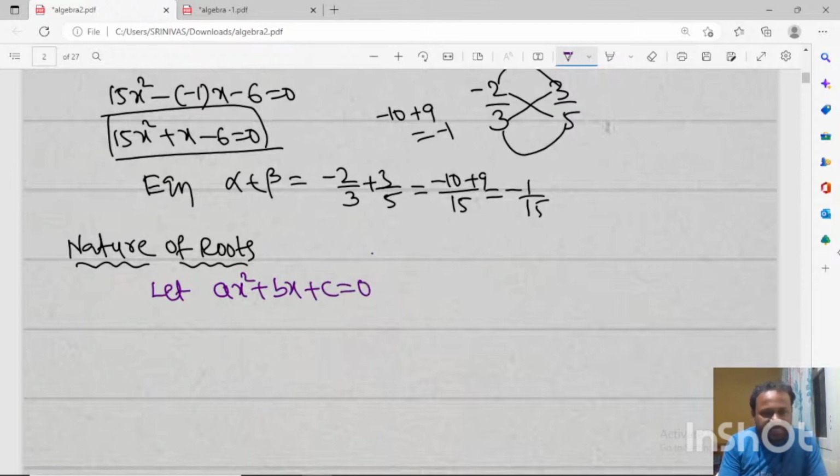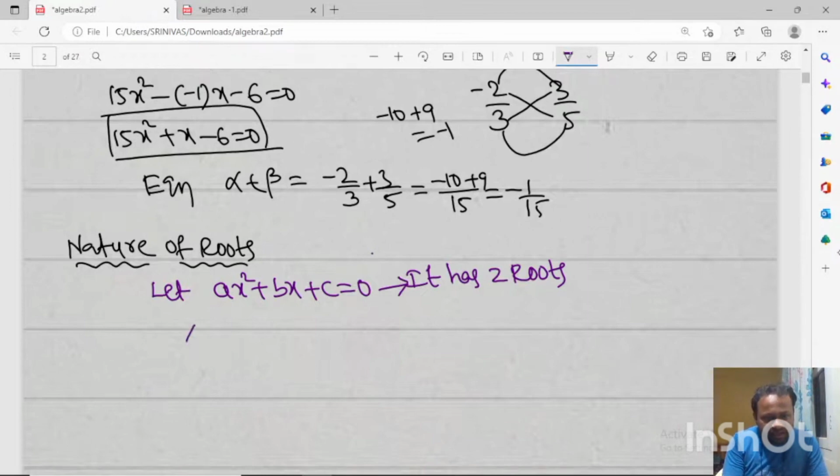This is a quadratic equation. It has how many roots? 2 roots. That is known to everybody.